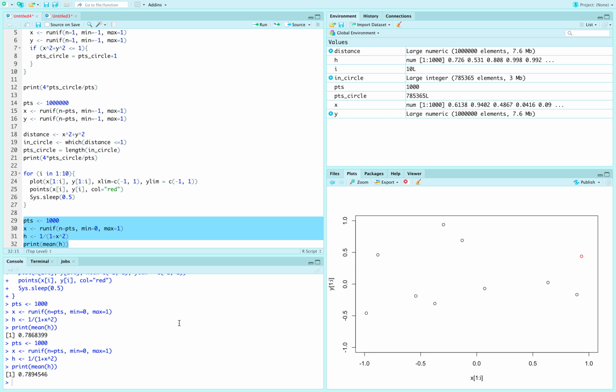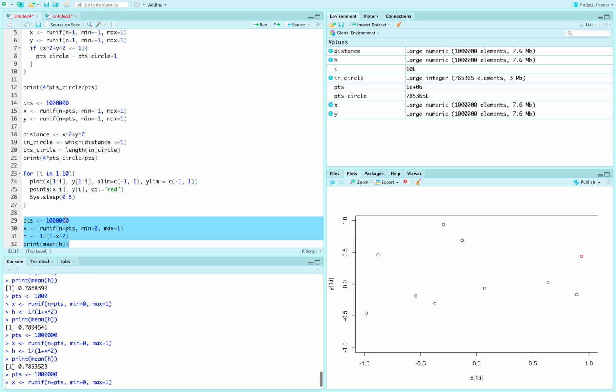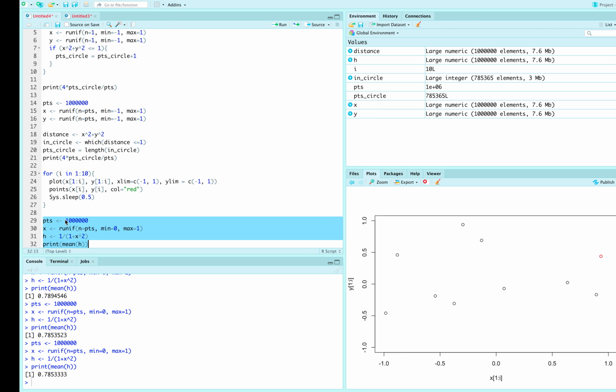Run it again, 0.7894546. Increase natin yung number of points. Gawin na ulit natin 1 million. Okay? Kasi nga, mas maraming experiment, mas maganda ang magiging result ng Monte Carlo. 0.7853523, 0.7853333.